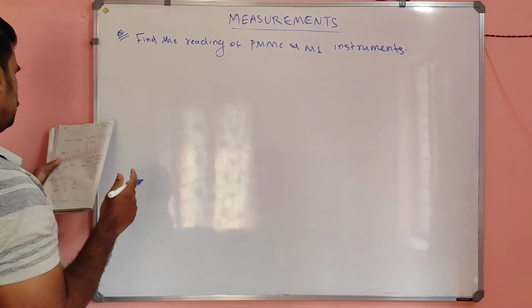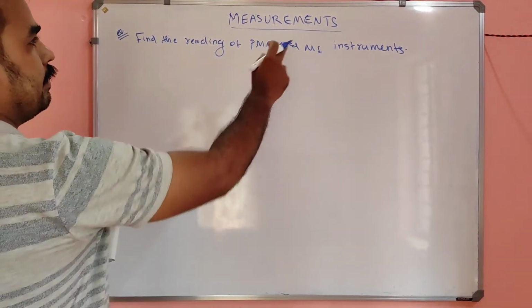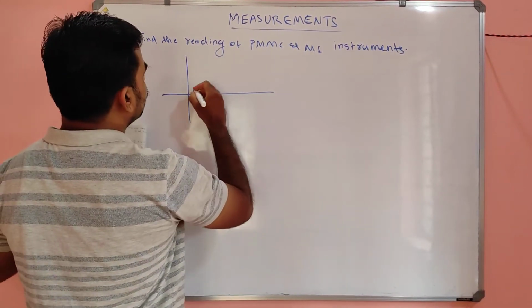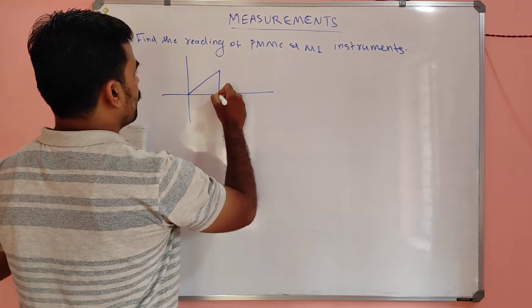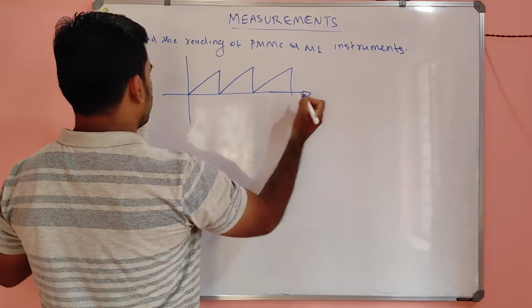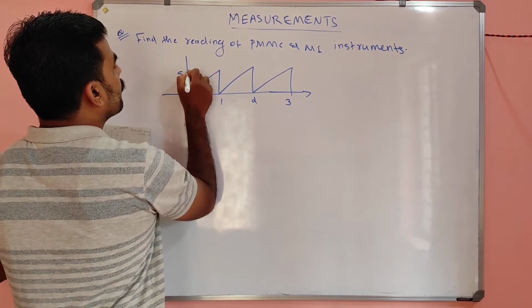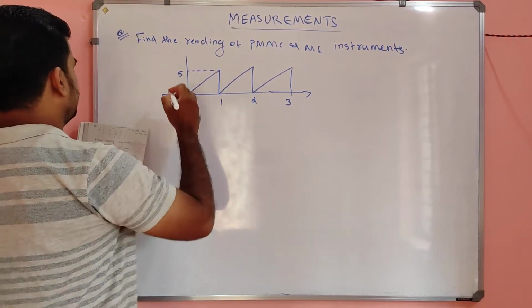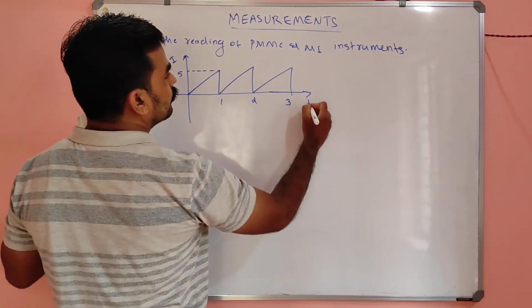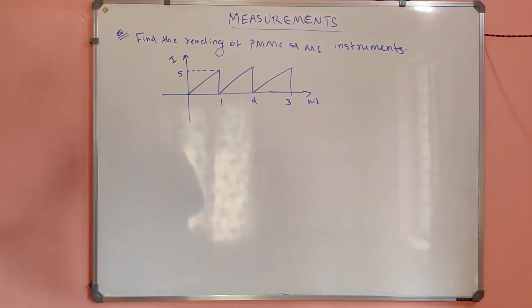Find the reading of again a PMMC and MI instrument for the wave. Again you have to find the same RMS and average value.